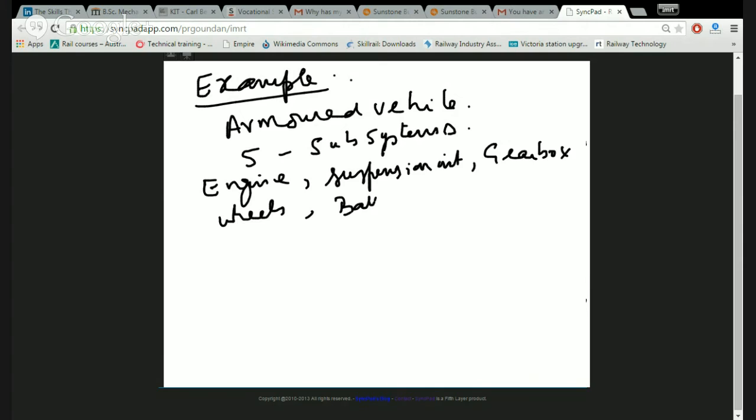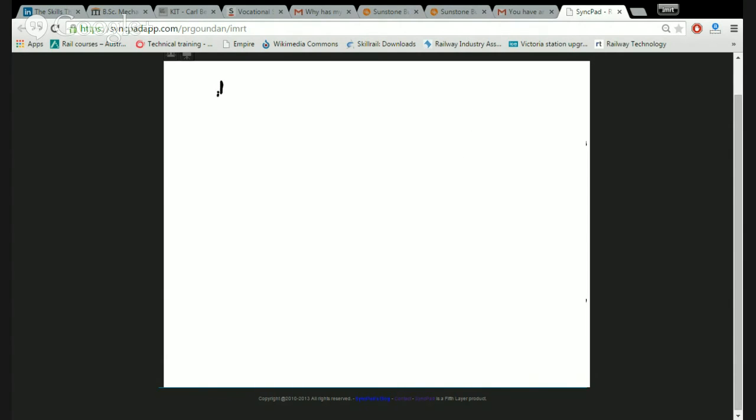So this is the statement of the problem. Now I will give you the data. So this is the subsystem, the weighting factor, Ti, that is subsystem operating time, and the number of modules.